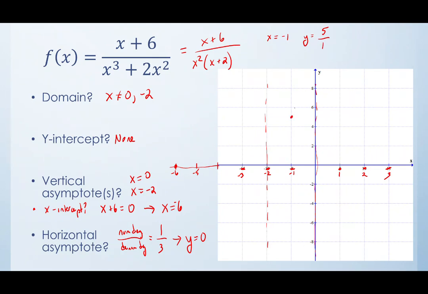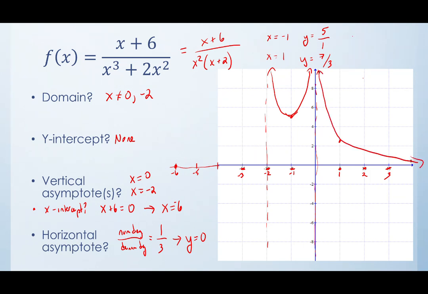So we're looking like here, and we know we can't cross the x-axis or the vertical asymptote, so it's doing something like this. We could also plug in x equals 1. We would have y equals 7 over 3, which is about 2 1/3. So we know something like that.